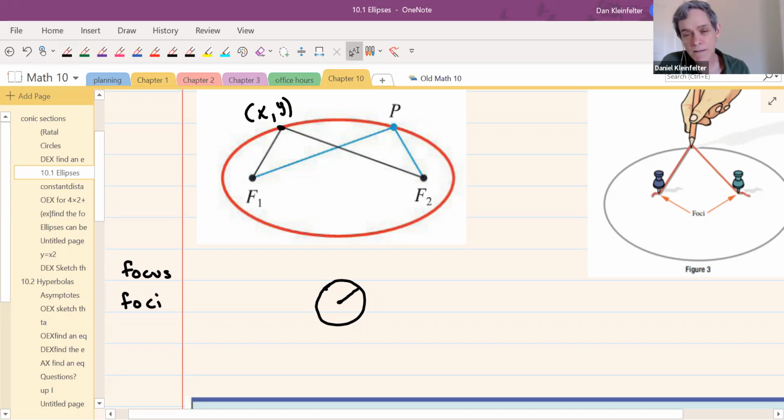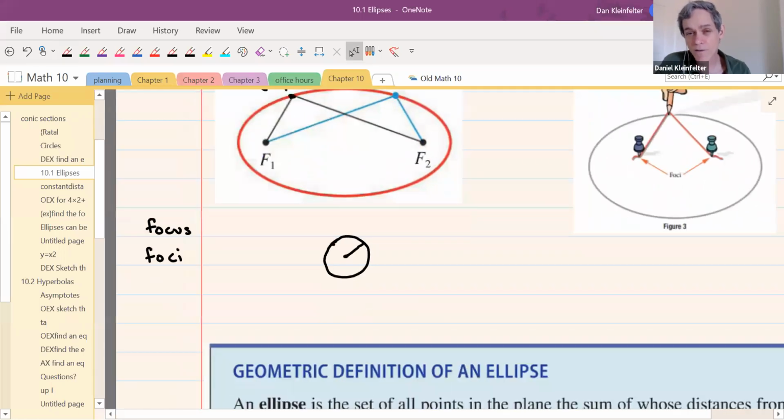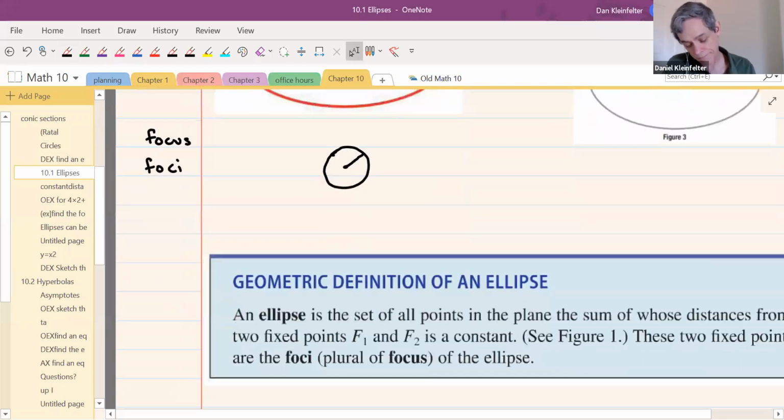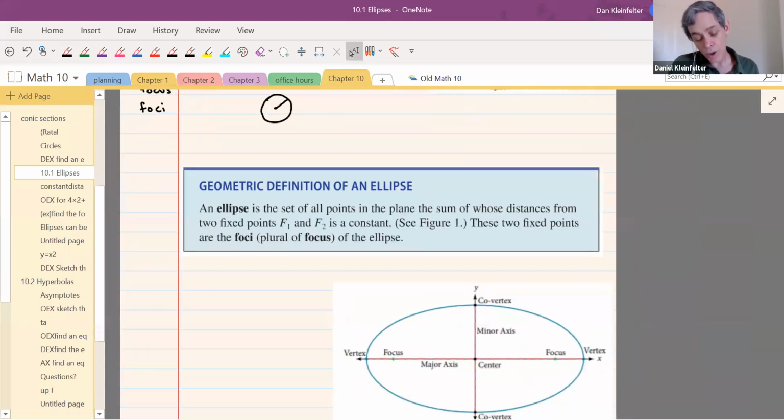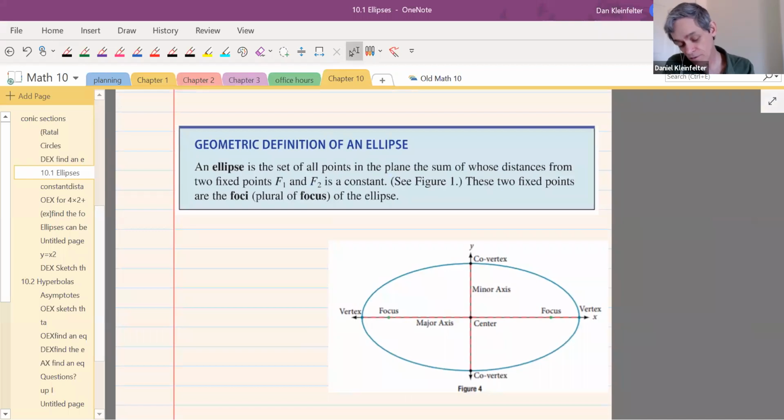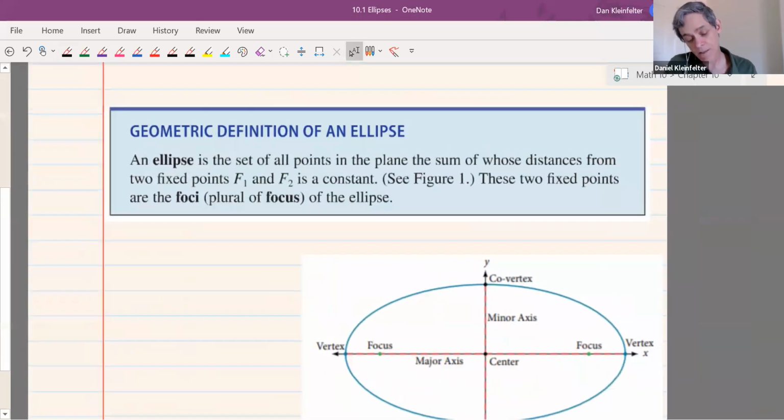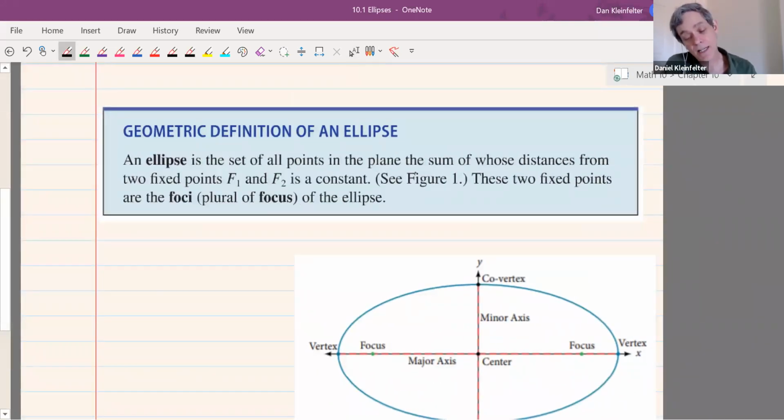We're going to talk about something later called the eccentricity for an ellipse, and we'll revisit that idea at that time. Okay, so the geometric definition for an ellipse is, as we said, the set of all points in the plane, the sum of whose distances from 2 fixed points, called foci, F1 and F2, is a constant.